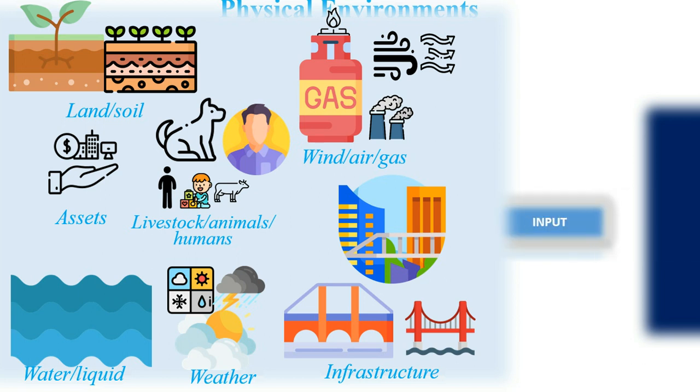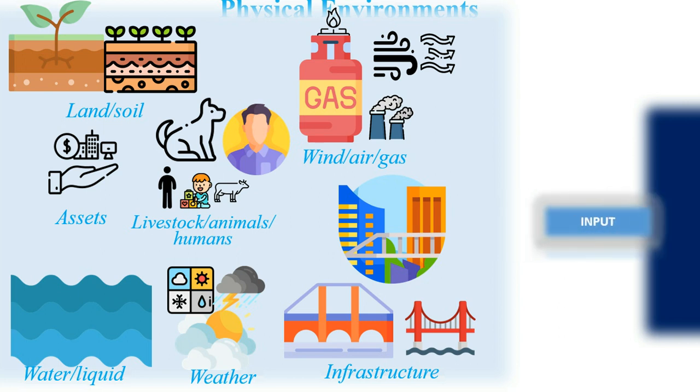And the physical computing device that we've talked about in the previous slide is the one that is getting input from these physical environments to do some computations. So these are the physical environments that I've highlighted for you here.